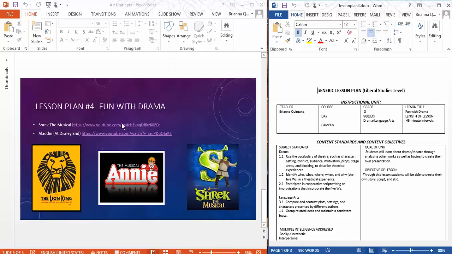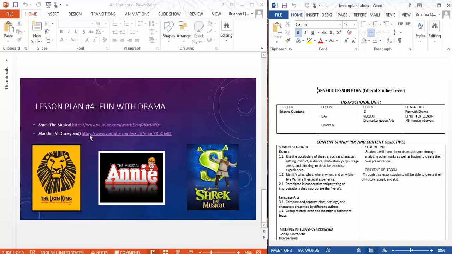These are some of the different musicals that students can look at. I have a clip from Shrek the musical, which is this one. These are some of the other musicals students can look at, Annie and the Lion King. And then the other link that I have here is for Aladdin. It's not the Broadway show Aladdin.